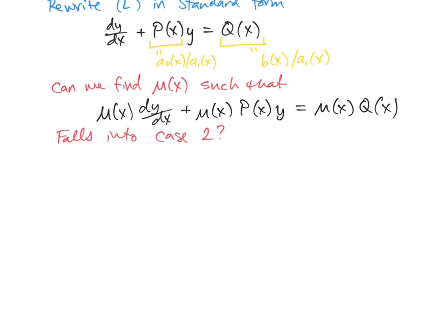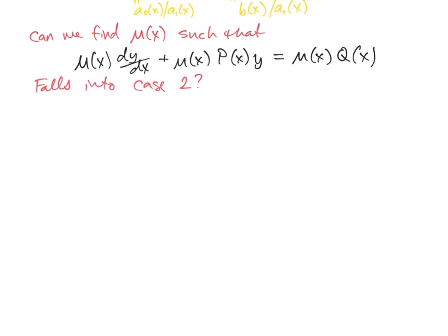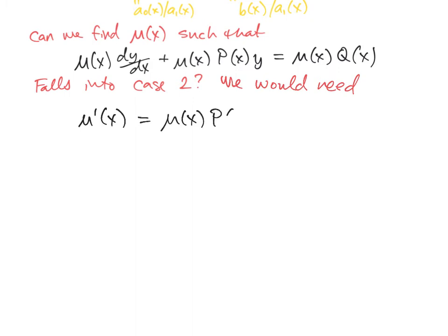So we would need to have mu prime of x equals mu of x times p of x.